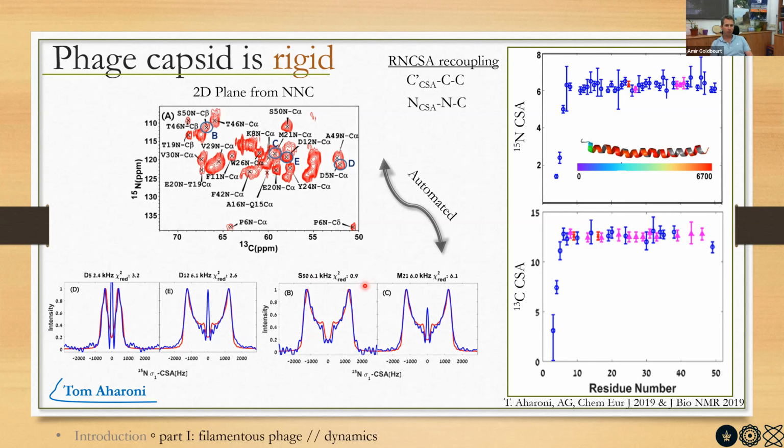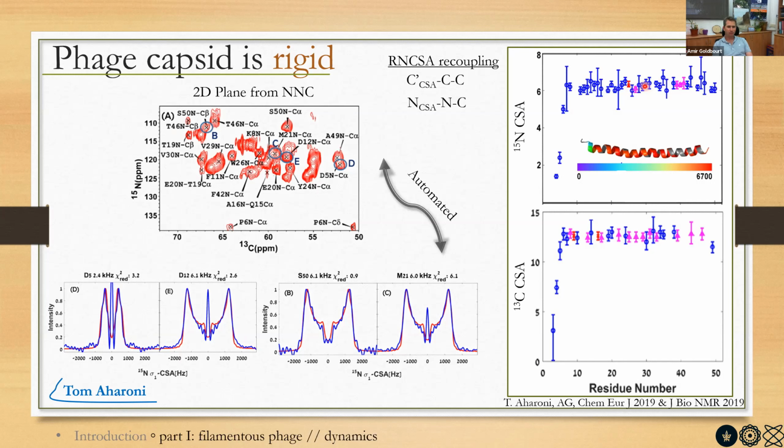Summarizing all these experiments, you can see on the right side the CSA of the nitrogen and then the carbonyls, and you see a very rigid backbone and a dynamic N-terminus, which is not very surprising because this is really exposed to the surface.